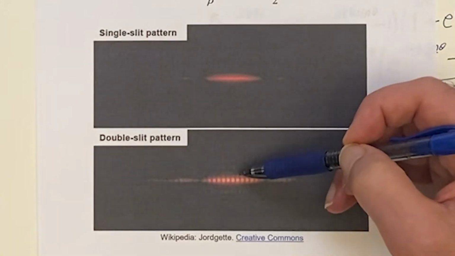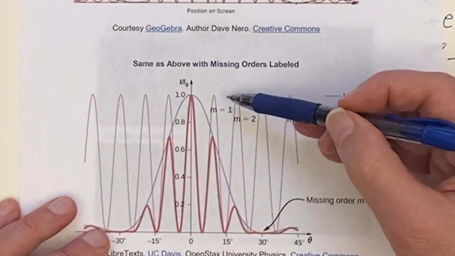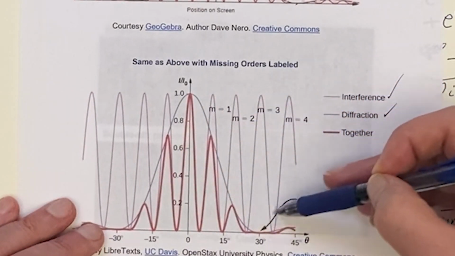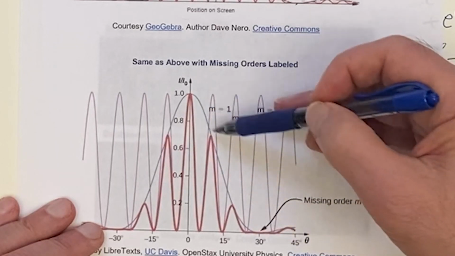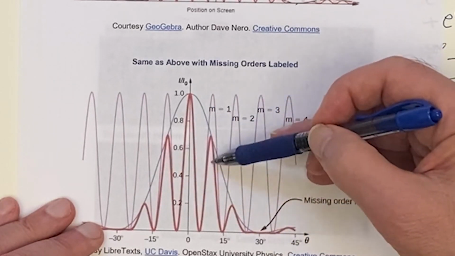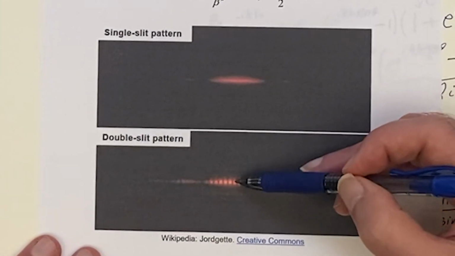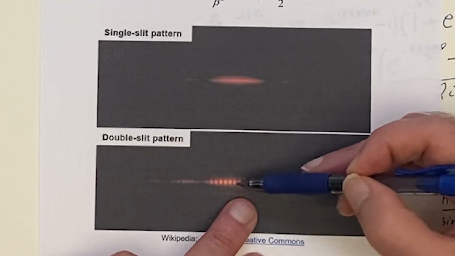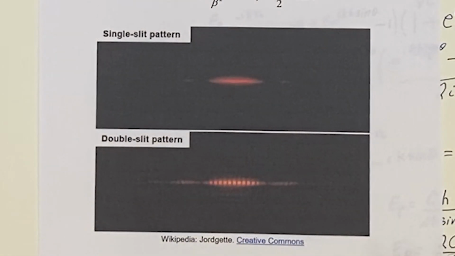They're not equally bright because they get shaped, in a sense tempered by the sinc squared function. So these peaks get less and less, and then some are missing. Very nice. Nice physics. Beautiful.